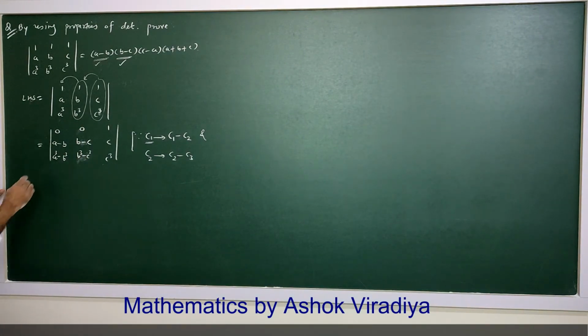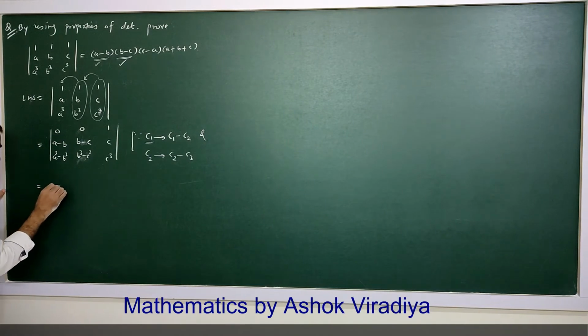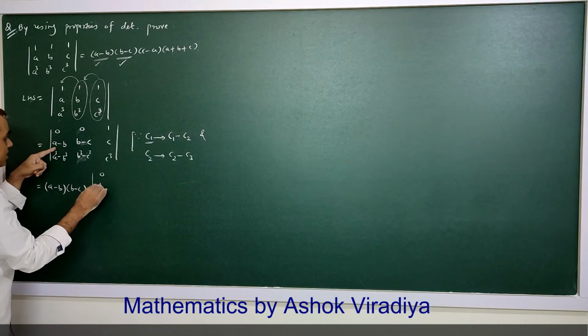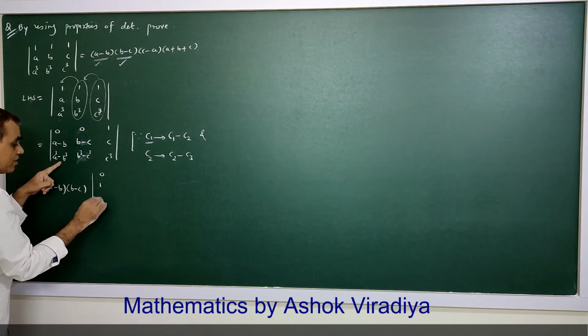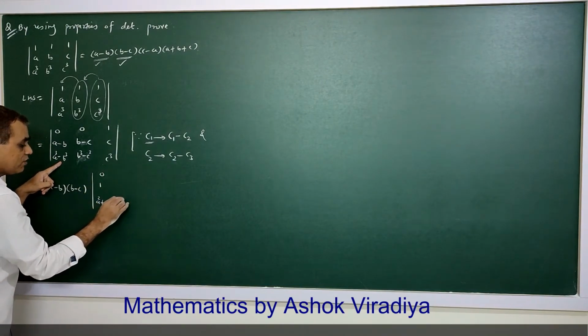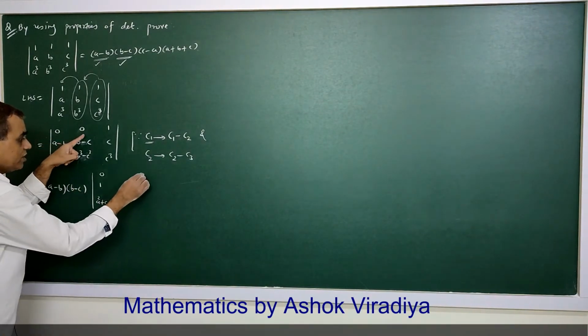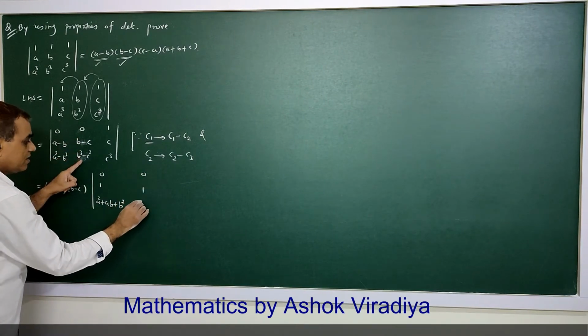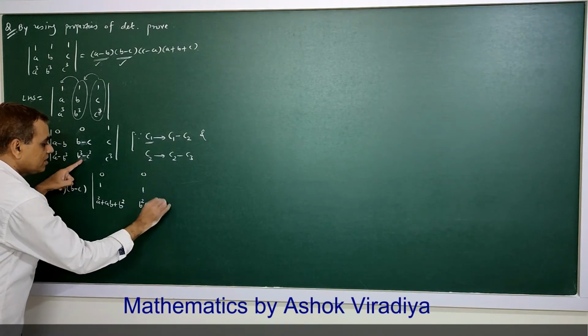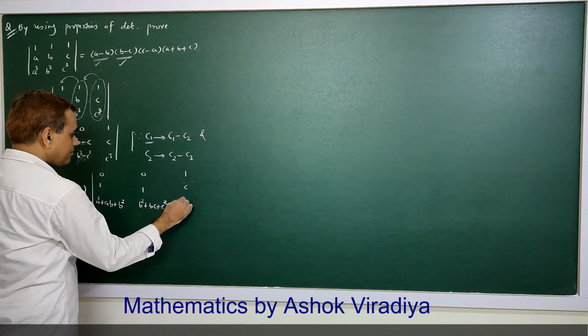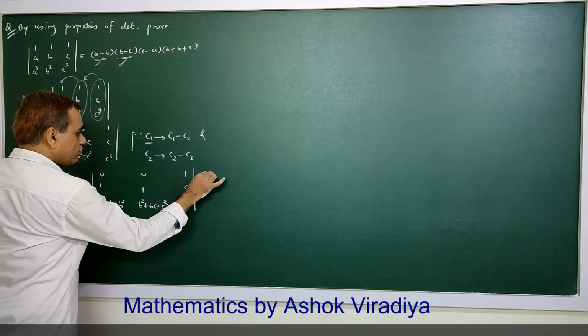So now taking common from the first column A minus B, from the second column B minus C. Now what is left in the first column? 0, 1. Here A minus B taken common, so what is left? A square plus AB plus B square. Here B minus C common, so 0, here 1, here B square plus BC plus C square. Third column as it is. So what is done here?